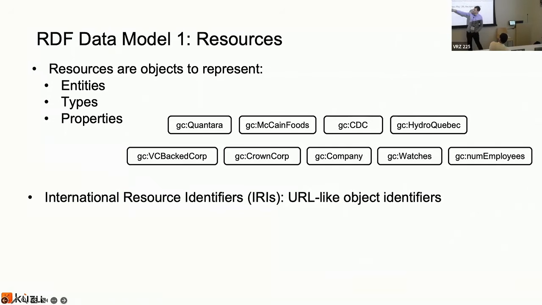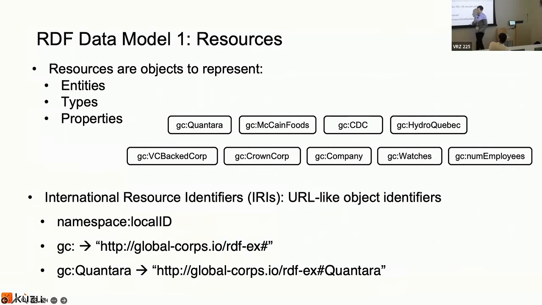The other thing that is important in the RDF resources is that each one has a primary key, if you will, which is a URL-like string called an IRI, okay? This is a URL-like object identifier, and it has a particular form, which is not really important for what I want to cover: namespace, colon, local ID. They're really like these URLs we put into our browsers. And you get a namespace.